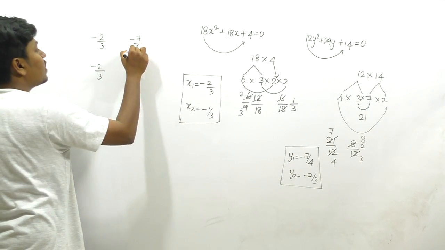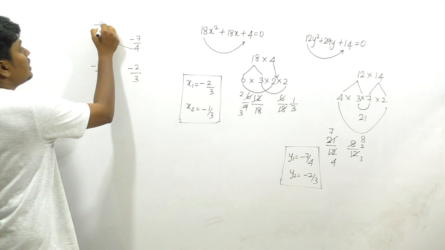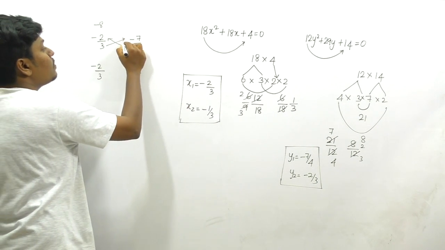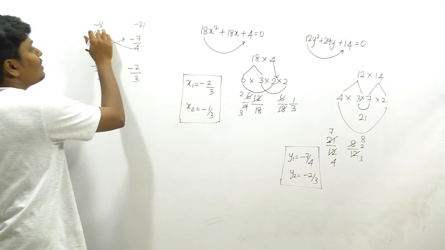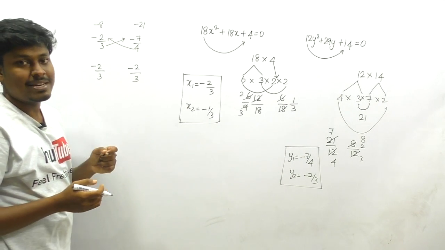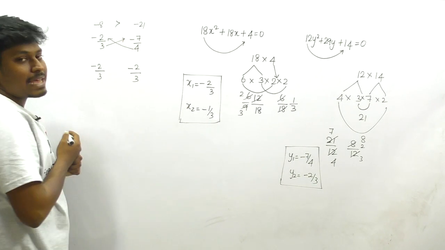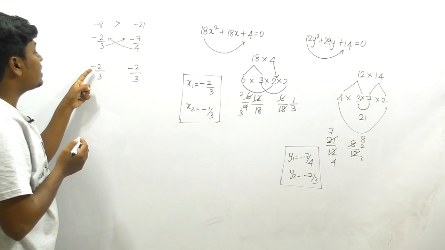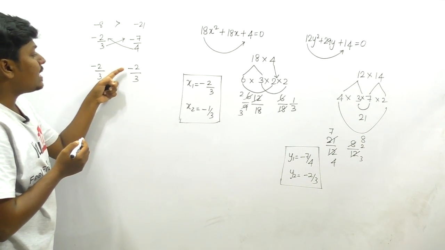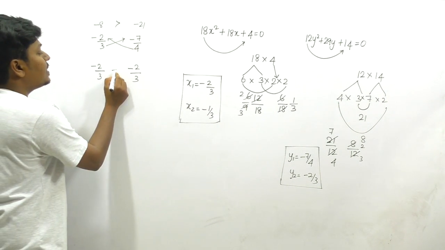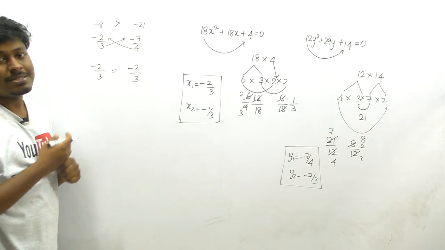So now let me cross multiply. 4 into minus 2, that is minus 8. 3 into minus 7, that is minus 21. Whether minus 8 is greater or minus 21 is greater, we can definitely say minus 8 is greater. Similarly, see here friends, here it is minus 2 by 3 and here it is minus 2 by 3. So both are equal.